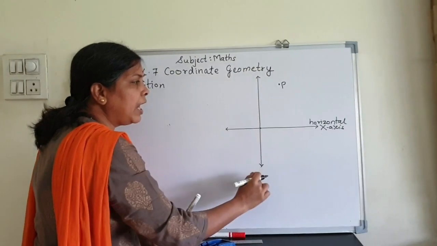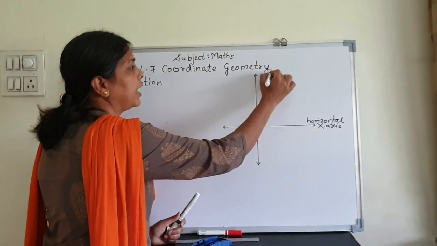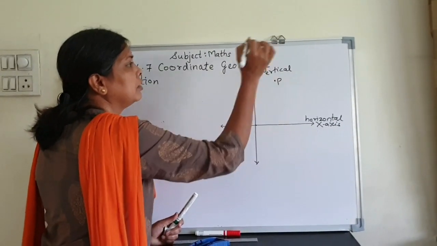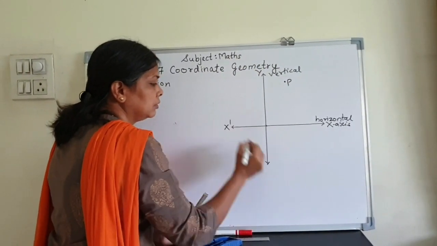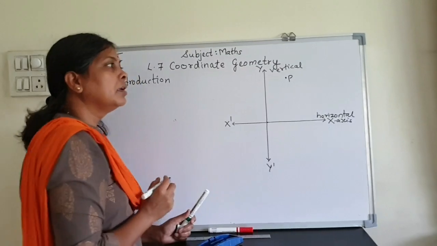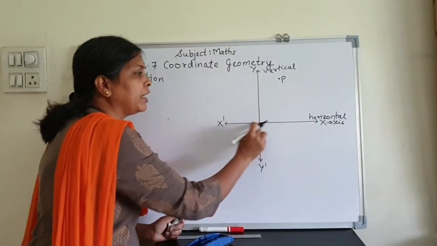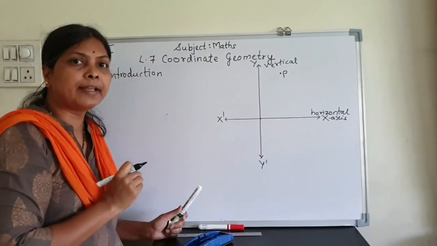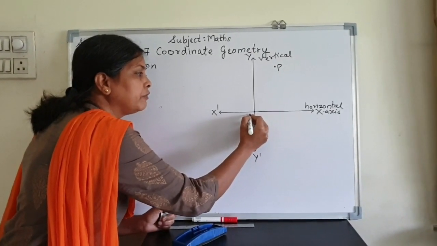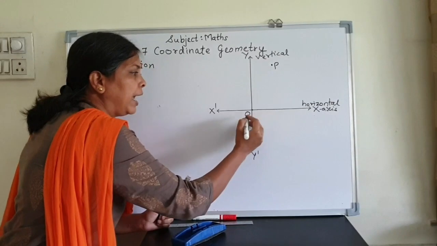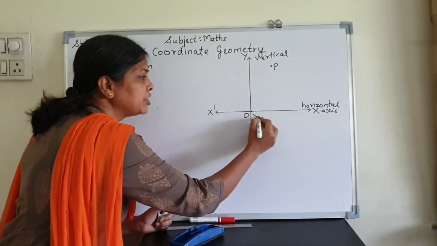This vertical line is called y-axis. Now when these two perpendicular lines intersect, the intersection point is named O, and that is called the origin.